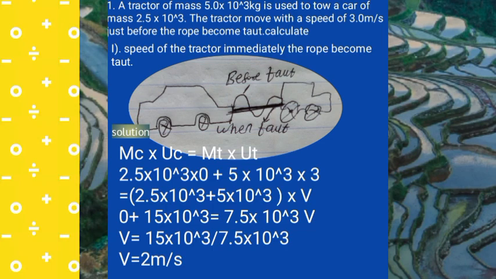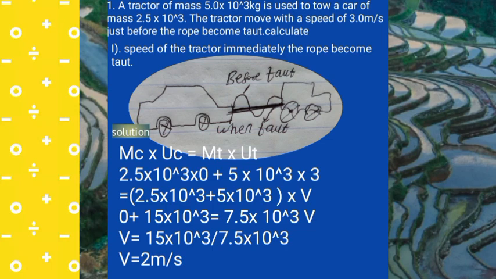That's why we have 2.5 times 10 raised to power 3 times 0 plus the mass of the tractor, that is 5 times 10 raised to power 3 times the initial velocity of the tractor, which is 3 meters per second, equals, since we are dealing with inelastic collision, the final velocity of both will be the same.